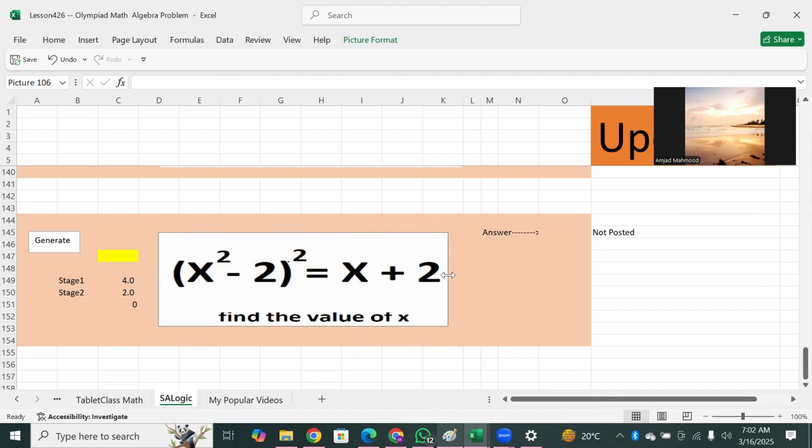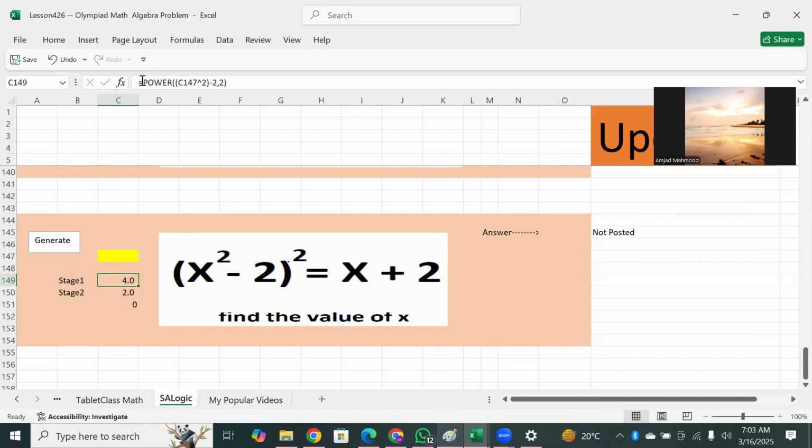Okay, so this is our equation. Let me check. The stage 1 is right. The stage 1 is x square minus 2 whole square, written like this. Okay, you can still write it as, if you can say, remove the word power in here and remove the 2 from here, right? Close this bracket like this, and then use the exponentiation mark, and this is also a way of doing it, right?